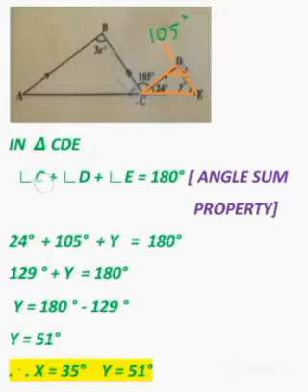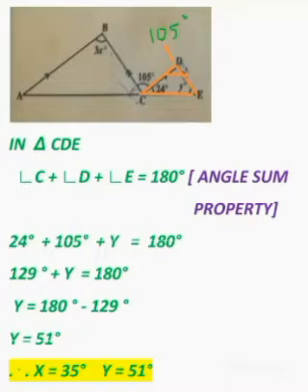Angle C, how much, children? 24 degrees plus angle D 105 degrees plus angle y degrees is equal to 180 degrees. So 24 plus 105, if you add these two, you will get 129 degrees plus angle y is equal to 180 degrees.